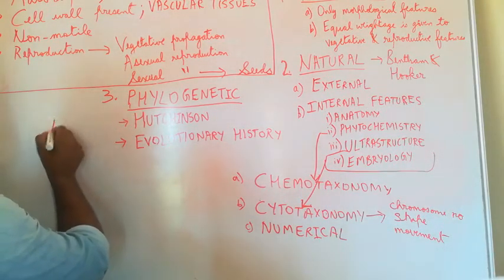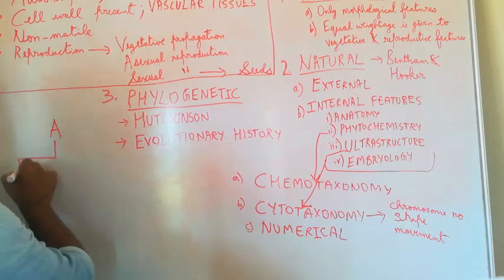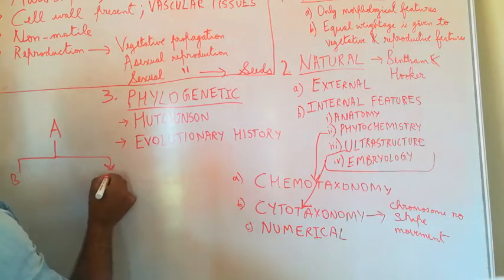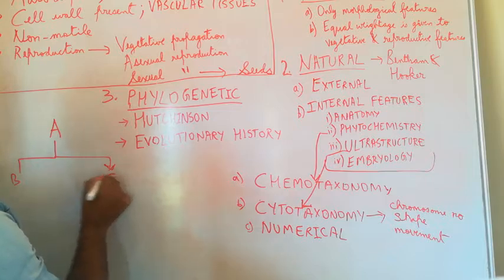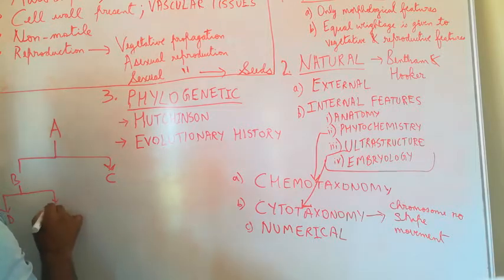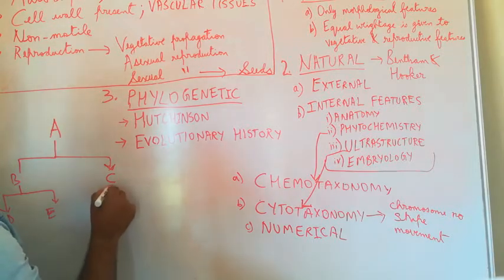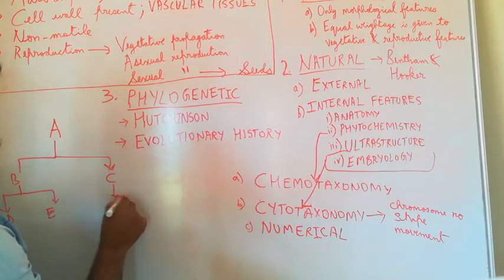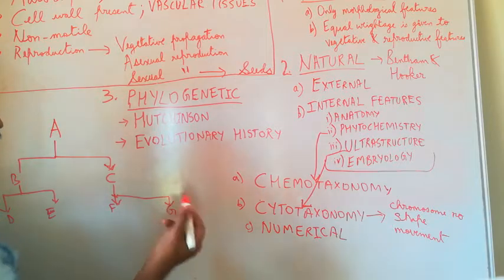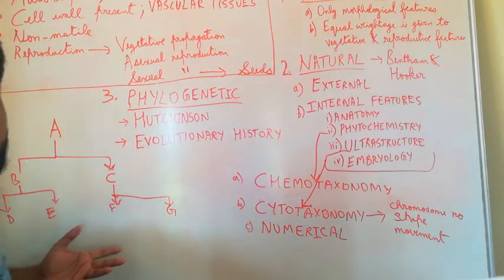So there is a plant A which has branched into B and C. This has further branched into D, E, and this has branched into currently F and G. So this is what the graph looks like.